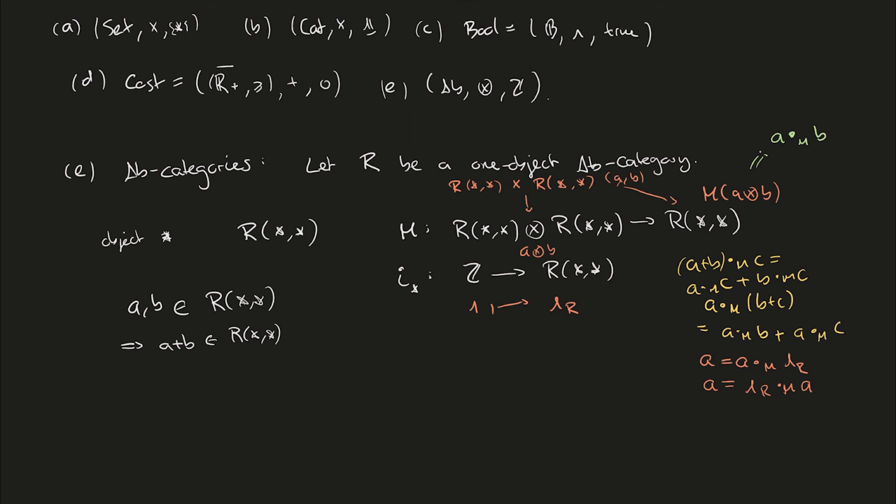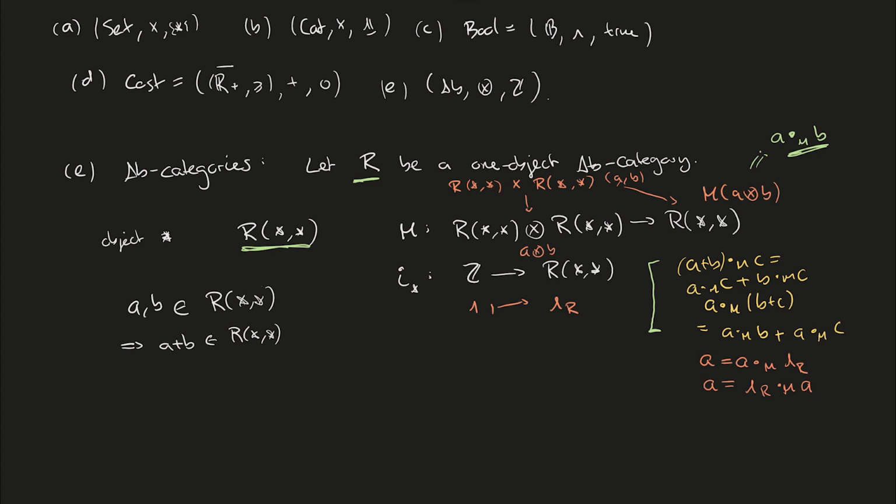Okay, so with this we're done, because we've seen that a one-object AB category, R, consists of an abelian group, which we call R**. So this is already an abelian group. And then we also have an operation, which we can interpret as a multiplication. That's this times M that we've defined through composition with the map M. And finally, this multiplication fulfills a distributive property, so it distributes over addition on both sides.